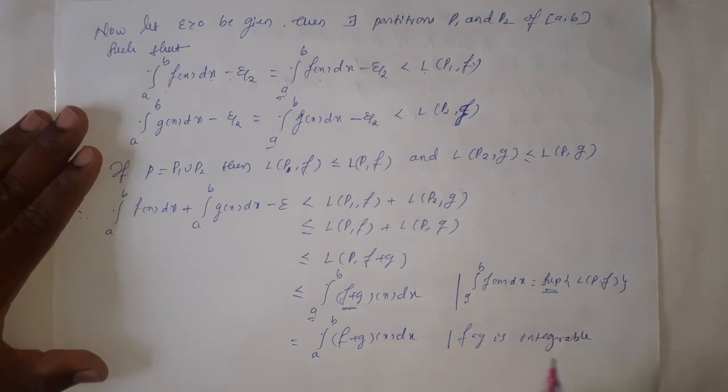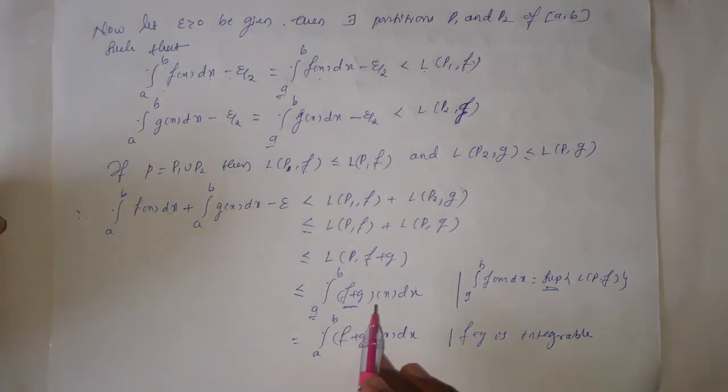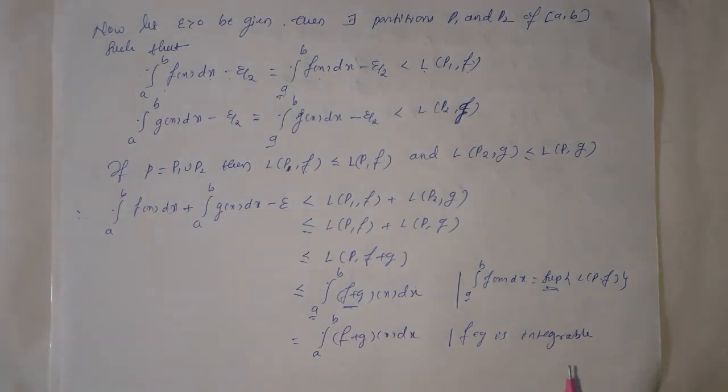Since f plus g is integrable, the lower Riemann integral of that function is equal to the upper Riemann integral of the same function, and those two are equal to the common value of the integral, that is the integration over a to b of f plus g of x.